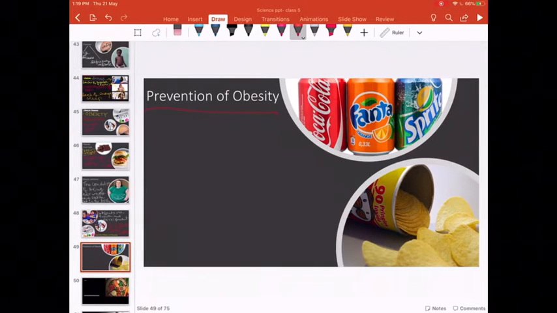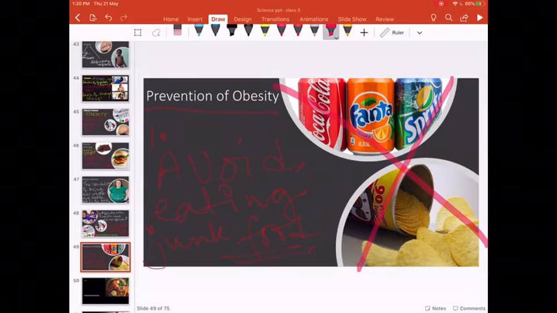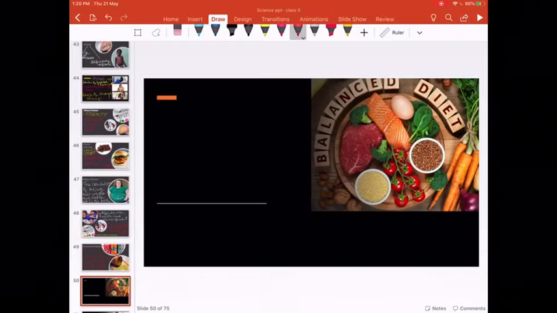So what are the various ways of prevention of obesity? First thing, avoid eating junk food. I know, students, junk food attracts us so much, but we must say no to it to avoid being fat.